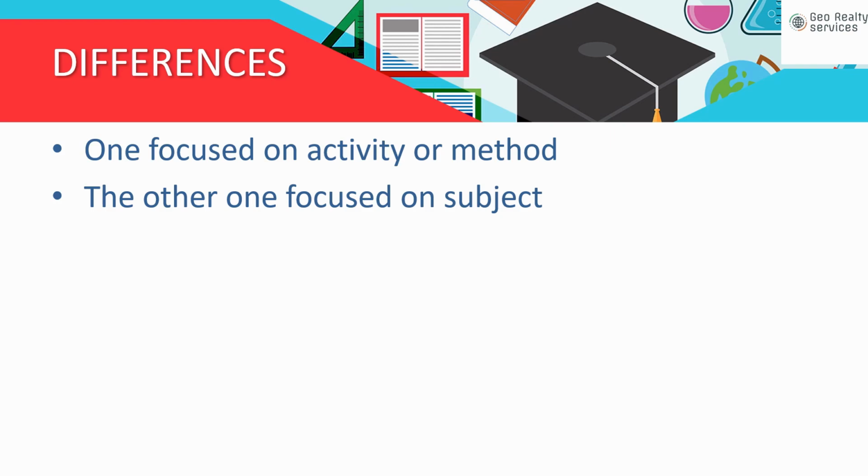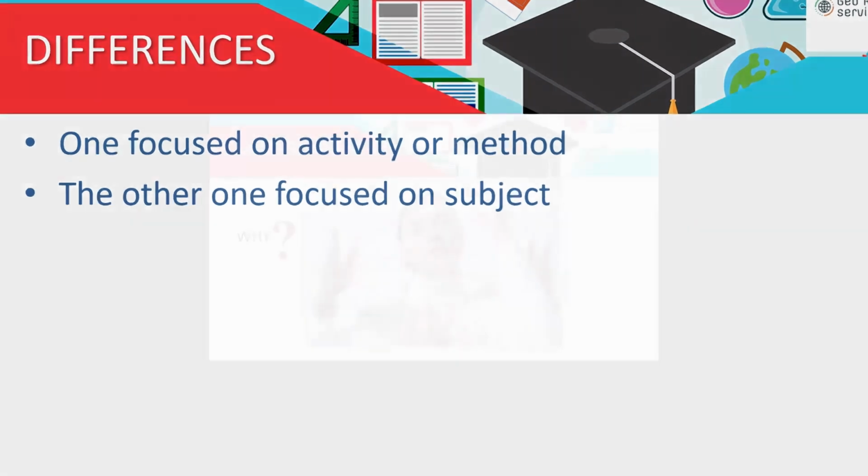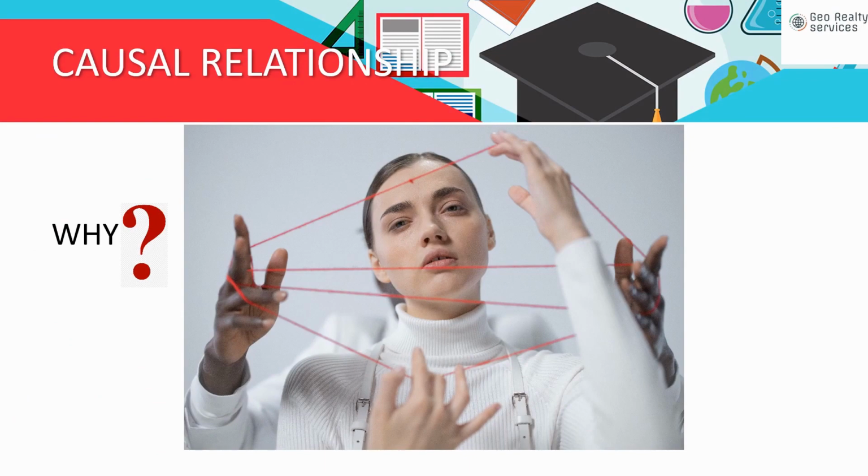As an activity or a method, science is used in making reproducible observations and experiments based on careful measurements of the natural world. Traditionally, scientific method pursued finding causal relationships. In other words, it was used to answer why. Why is this happening?